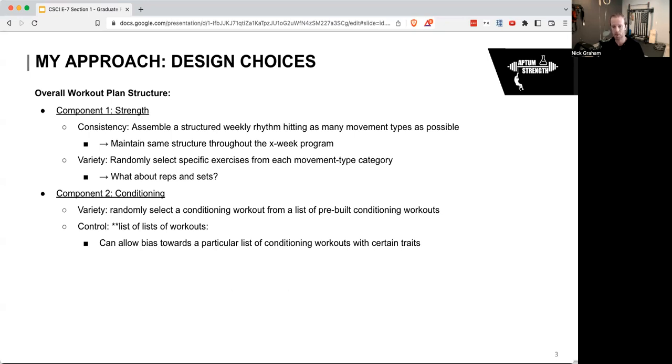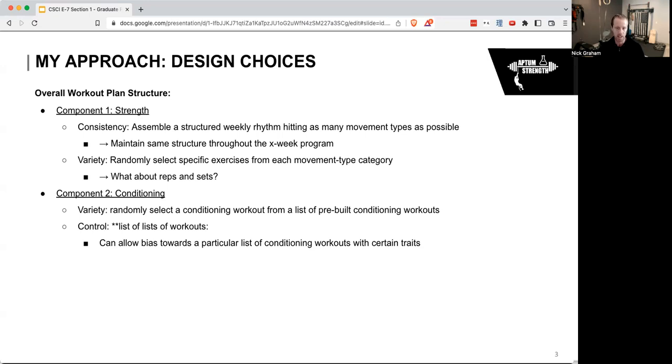I'll get into a little bit later some of the inputs that users can give that will shape the structure of the program, but one of them is the number of weeks that they want that program to be, as well as the number of days per week. So then, how do I come up with a structure to vary the reps and sets? That was a different problem as well, and I'll address that here shortly.